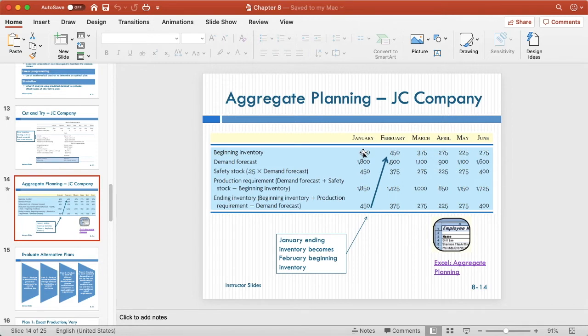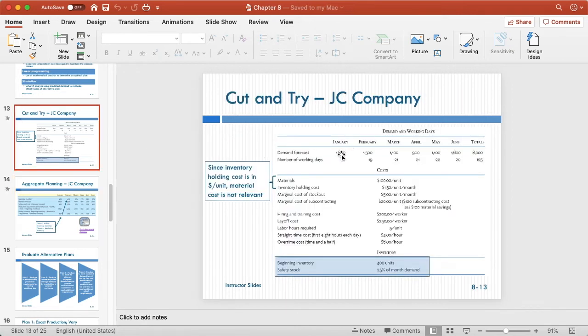If I tell you that the beginning inventory for January is 400, how do you calculate the ending inventory for January? It's quite simple. Beginning inventory is what you have within your warehouse. But what amount do you need within this month? You already know the demand forecast for January is 1,800.